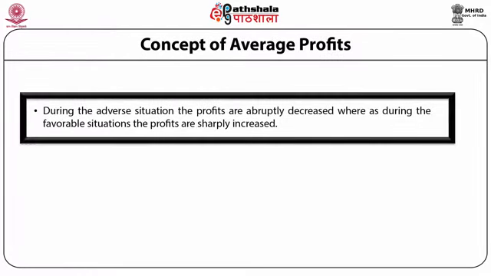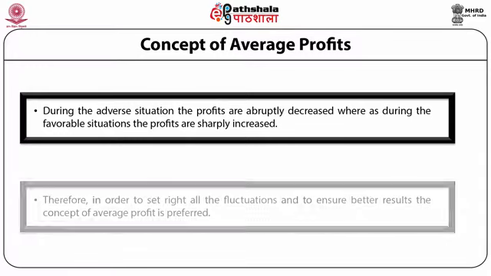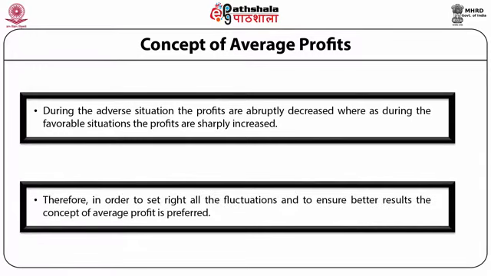During the adverse situations, the profits are decreased, whereas during the favorable situations, profits are sharply increased. Therefore, in order to set right all the fluctuations and to ensure better results, the concept of average profit is preferred. While calculating goodwill, average profit is taken, not profit for a particular year, but average profit is taken.